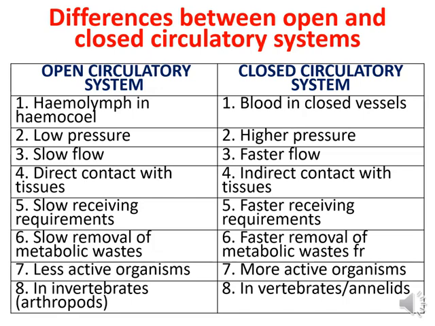Number 6, there is slow removal of metabolic wastes in open circulatory system, while in closed circulatory system there is faster removal of metabolic wastes. That is from the tissues.